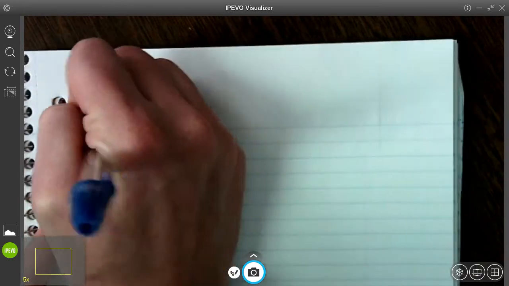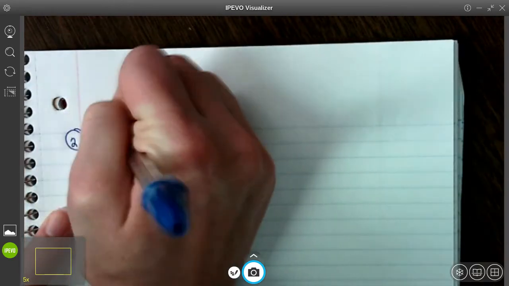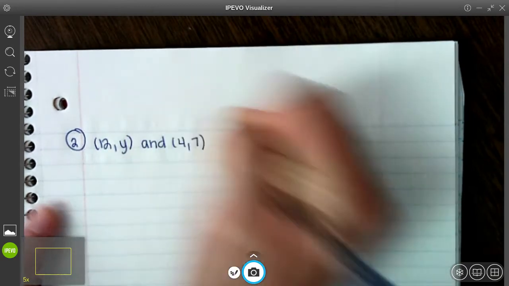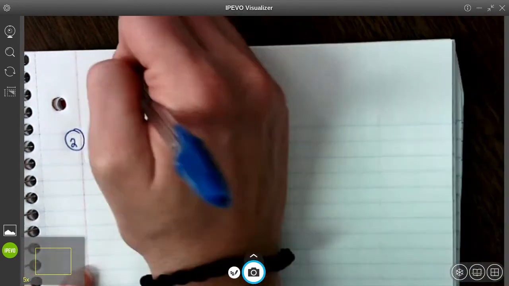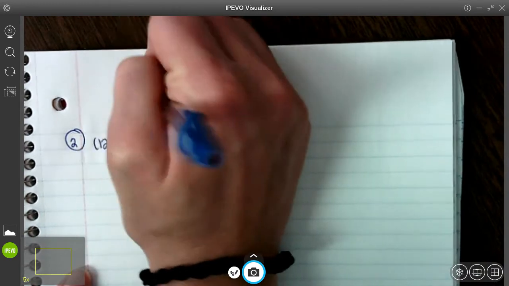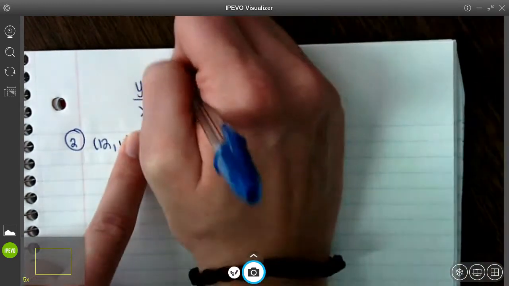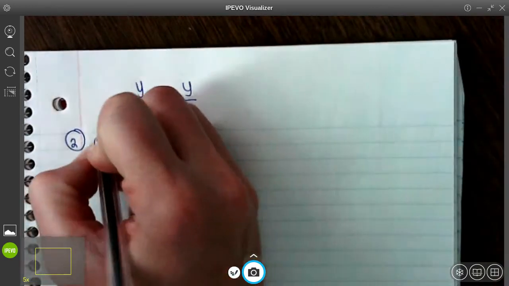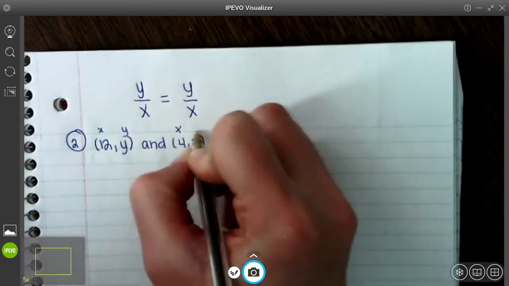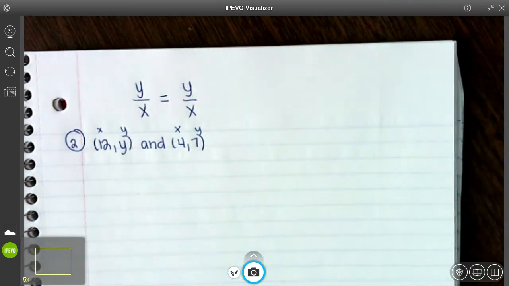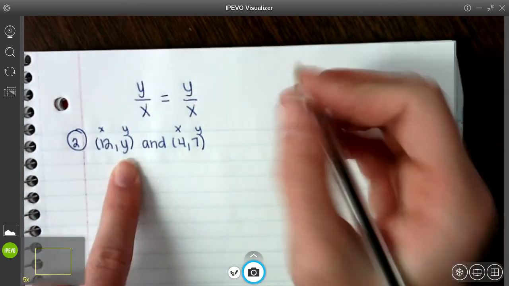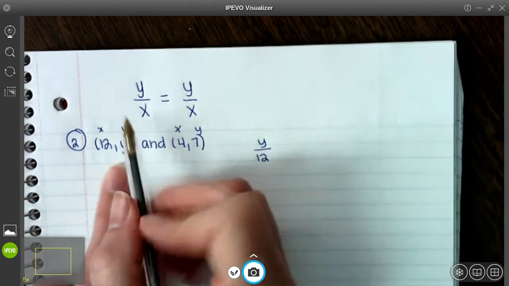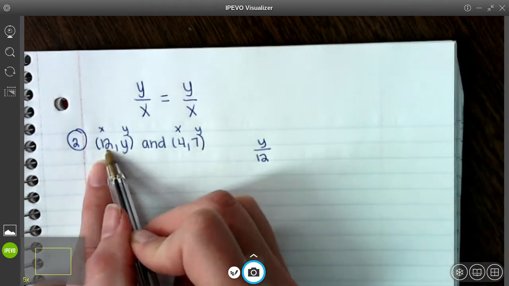So we have a point (12, y), and we have a point (4, 7). If we know that this is direct variation, then we know y over x for one point is equal to y over x for another point. I don't need to label this, but I will for the first couple examples. So on our first point, we're going to say y divided by 12, because that's our y value over our x value.